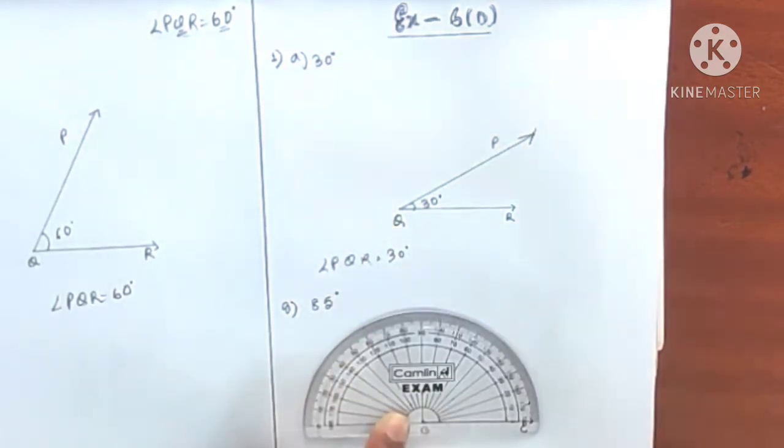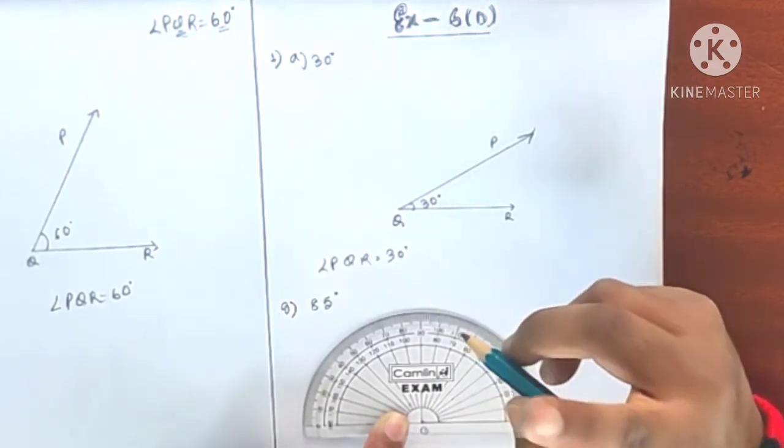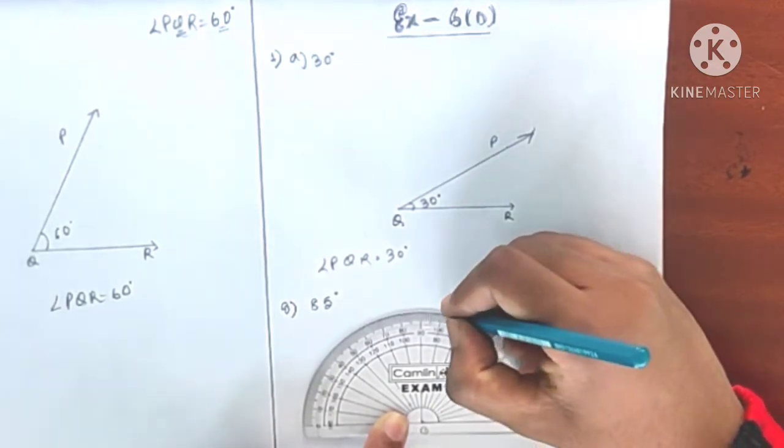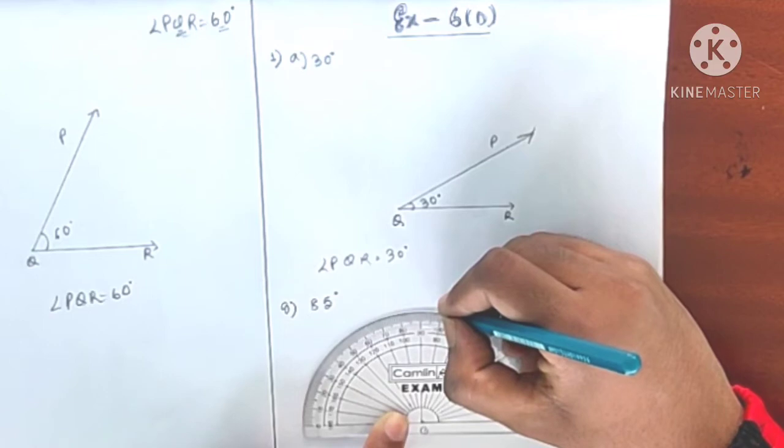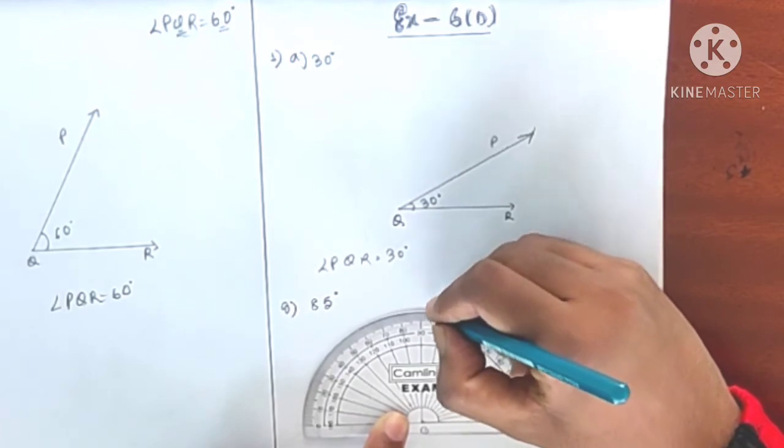So what was it about? 85. I know that 85 will belong in between 80 and 90 definitely. So just find it. You will see in the protractor that small lines are also present. Every line represents 1 unit. The line exactly matches 80. This was the 80. Next one is 81, 82, 83, 84 and 85.